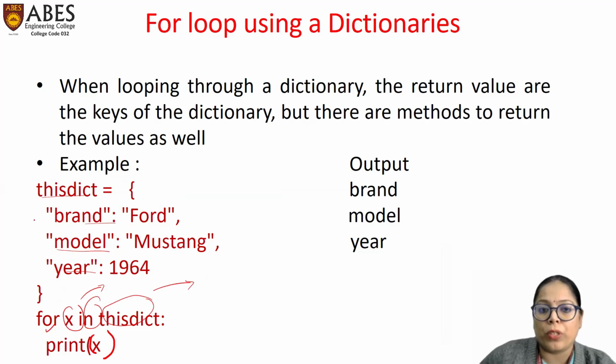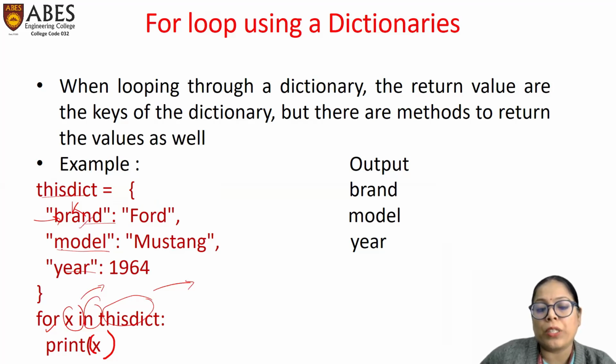First it will go for this, and this value will be printed. It is checking for the key, this is your key and this is your value. So it is checking for the key, so this is printed.